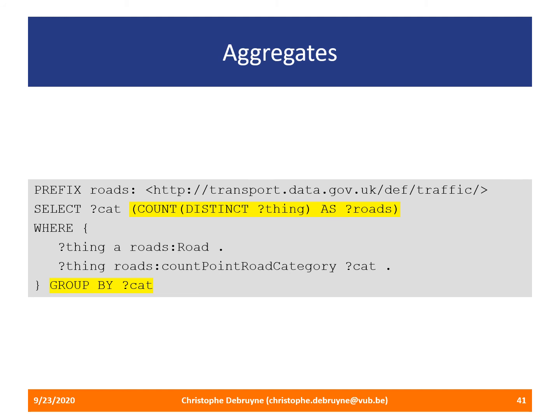And then we will select the category and count the distinct things as the number of rows. So we will count the number of rows for each category. We will soon cover a couple of the aggregate functions that are typically used in SPARQL.